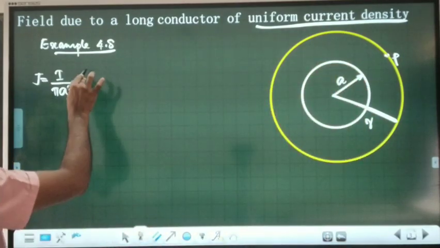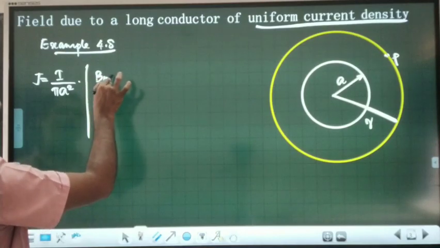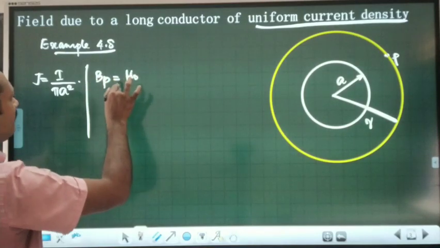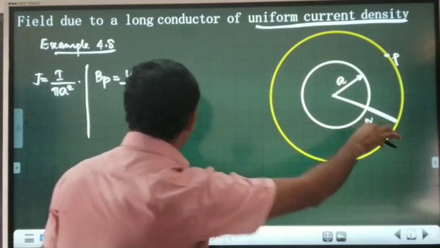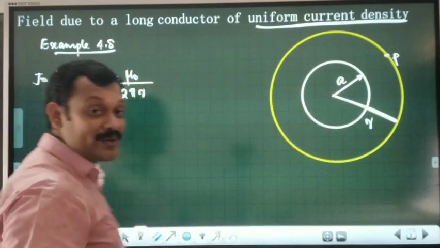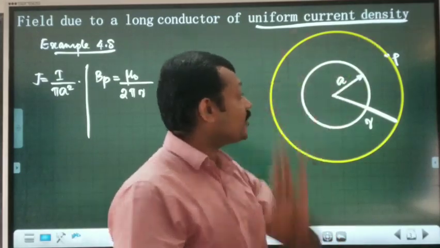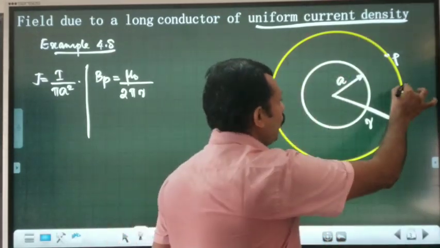So what is our rule? We have a direct formula for doing this. The magnetic field at point P is equal to mu 0 divided by L, and L is 2 pi R, times the current enclosed. What is the current enclosed by this Amperian loop 1?